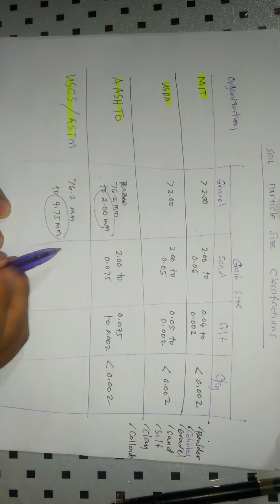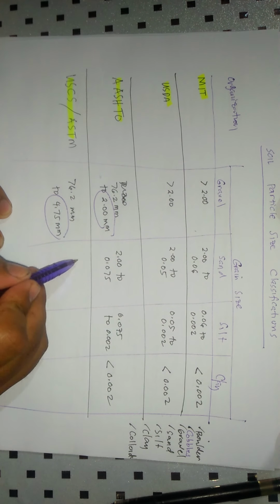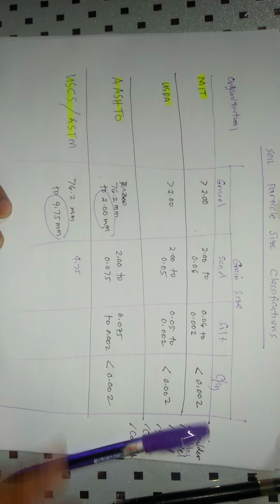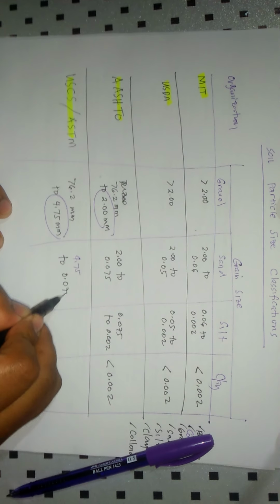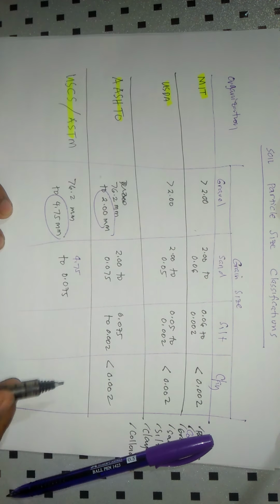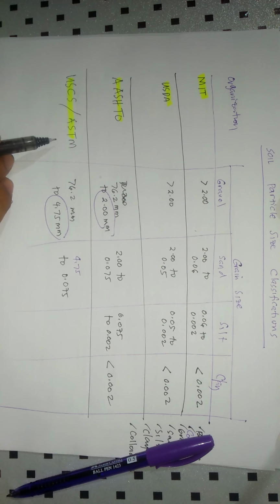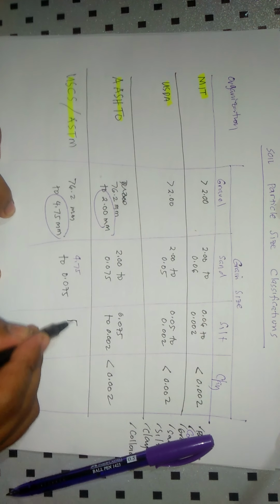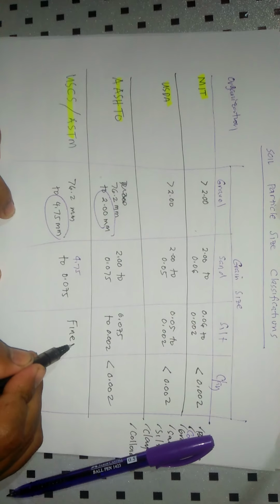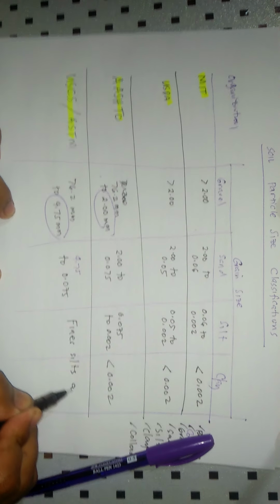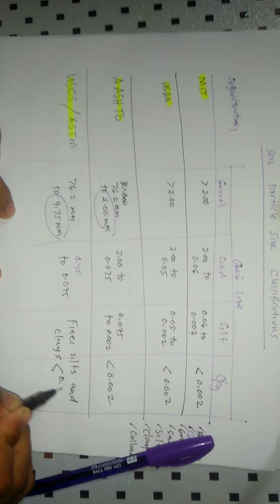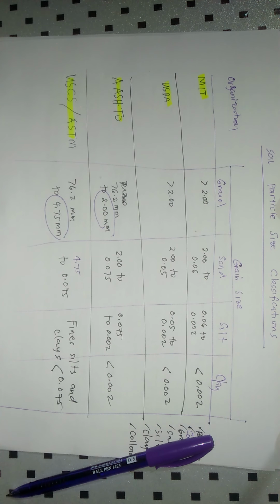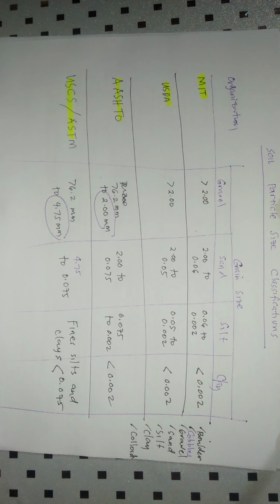And then, we have your sand from 4.75 to 0.075. And lastly, for the silt and clay when USCS and ASTM are used, these are fine silts and clays, less than 0.075. Okay? So, that's it for your soil particle size classification.